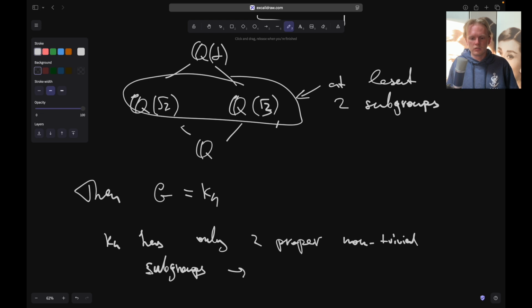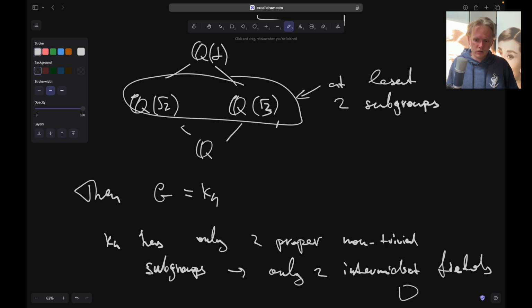Thus, we have only 2 intermediate fields. Okay, it's done, and they are Q(root of 2) and Q(root of 3).